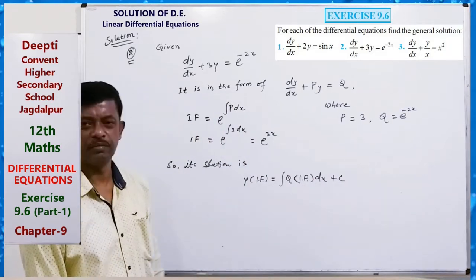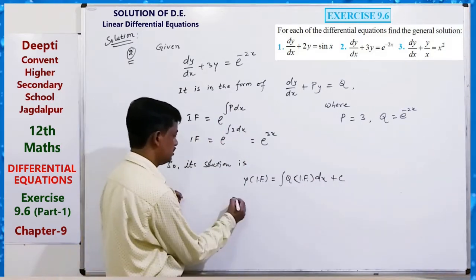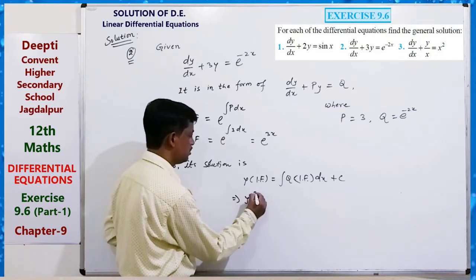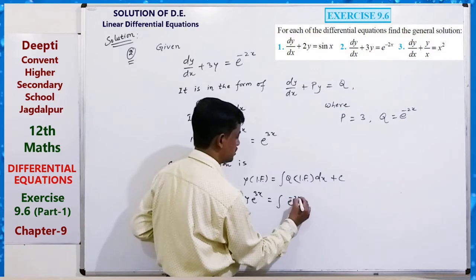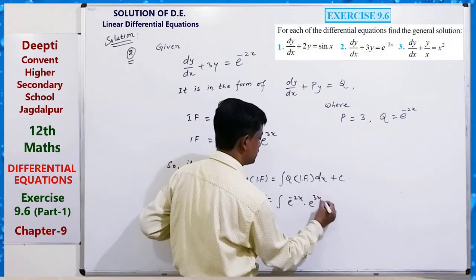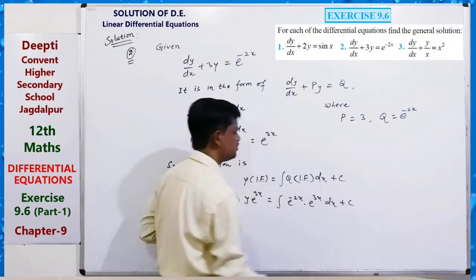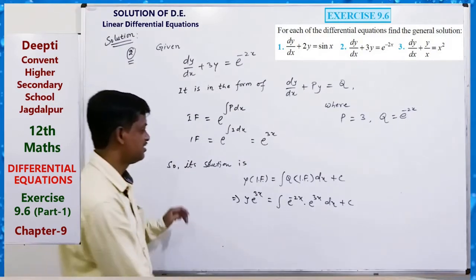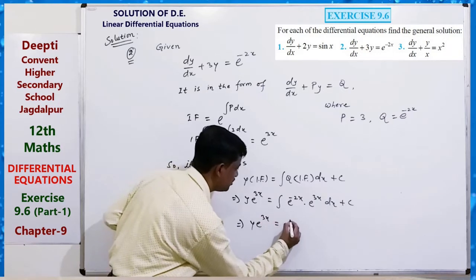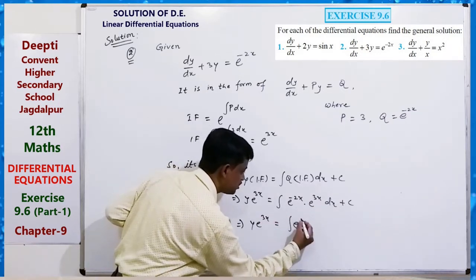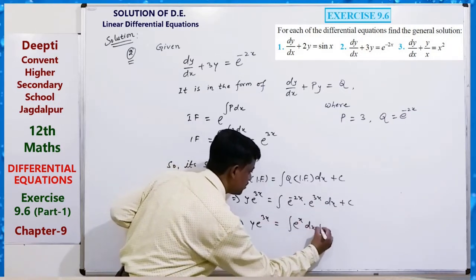Very simple. IF is e to the power 3x. So y e to the power 3x equals integration of Q, e to the power minus 2x, times e to the power 3x dx. Here the integration is very simple. y e to the power 3x equals integration of e to the power 3x minus 2x, that is e to the power x, dx plus c.